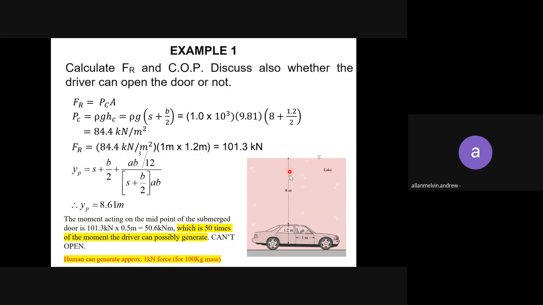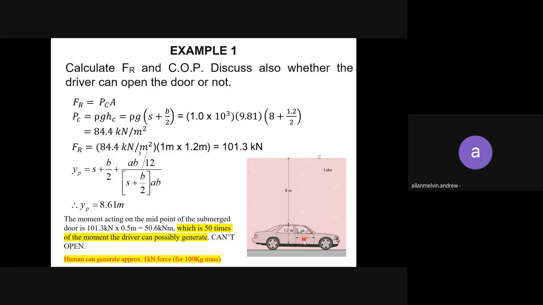You have a car at the bottom of the lake. From the surface is 8 meters, and this is the dimension of the car, 1.2 meter and 1 meter. So you need to discuss whether the driver can open the door or not.